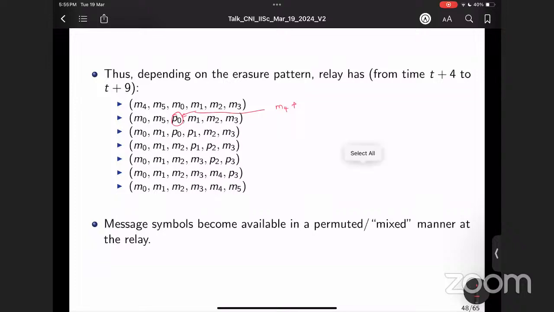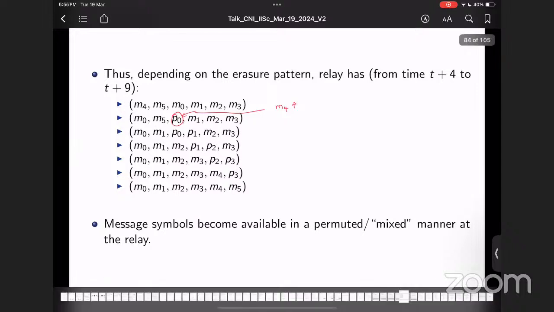And this pattern depends on the erasure pattern itself. Now the relay will have to use these recovered message symbols to do the encoding on the subsequent link, on the relay to destination link.